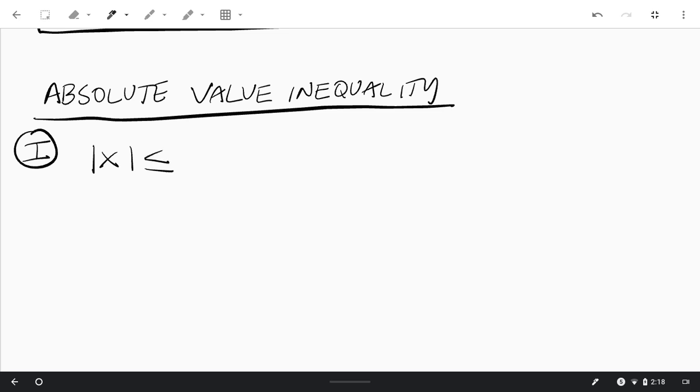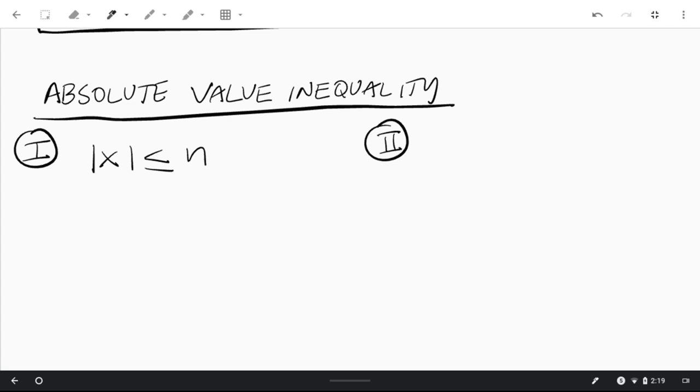It could be strictly less than or less than or equal to some number. Okay, so that's one kind of inequality. The other kind is where the absolute value expression is greater than some number n.